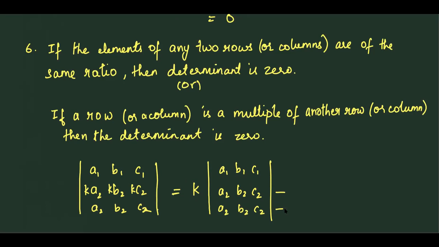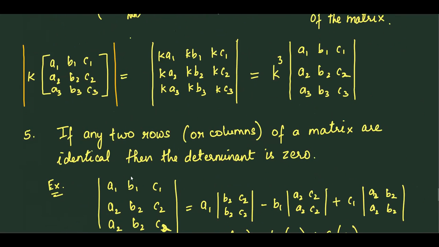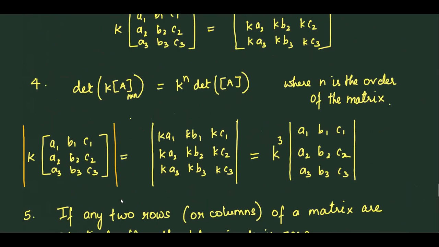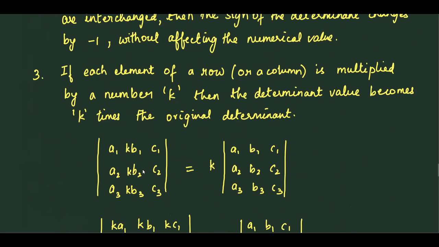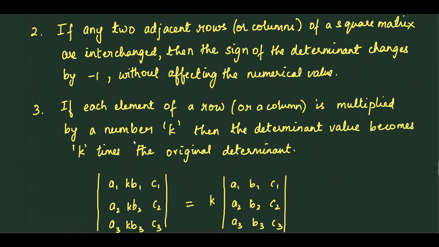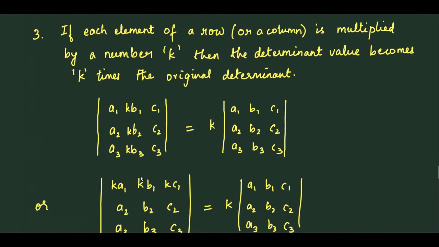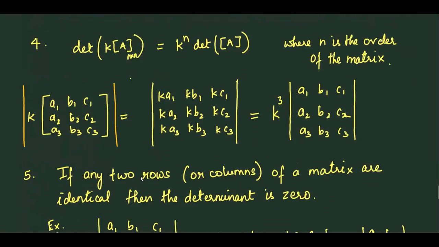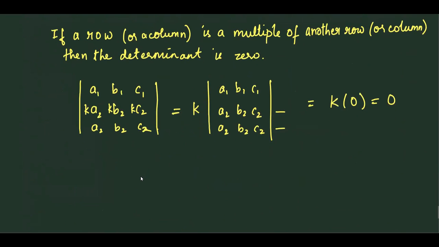Because these two rows are identical, you will get K times 0, which is 0, using the previous property. So you have combined two properties here. One is identical rows or columns. Another one is property 3: if elements of a row are multiplied by K, then the whole determinant is multiplied by K. All right. Next.